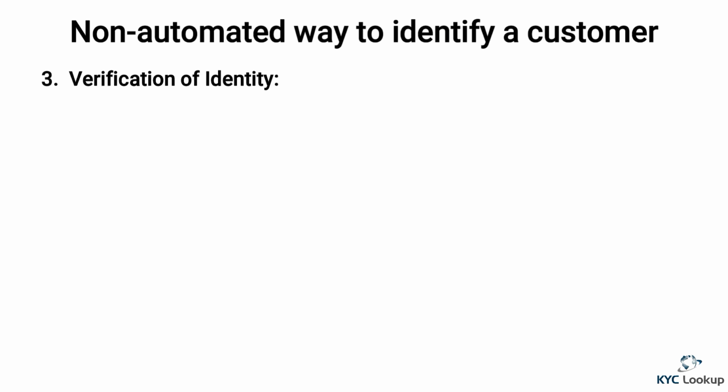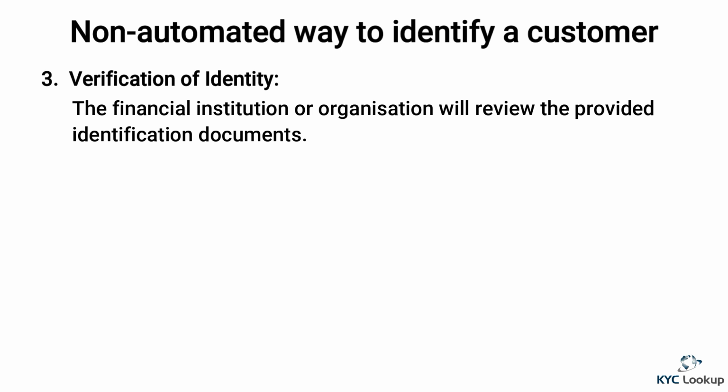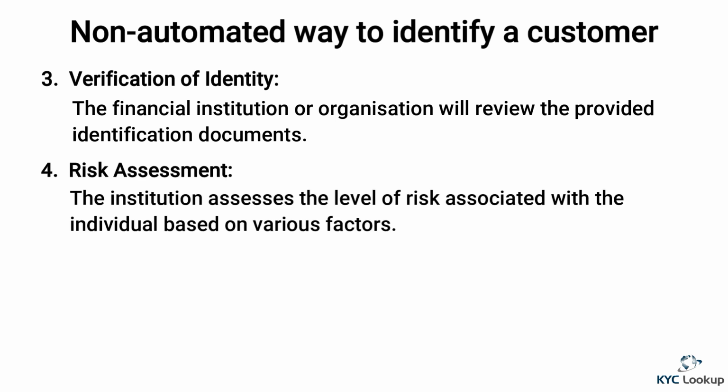3. Verification of identity. The financial institution or organisation will review the provided identification documents. 4. Risk assessment. The institution assesses the level of risk associated with the individual based on various factors. 5. Customer due diligence, CDD.